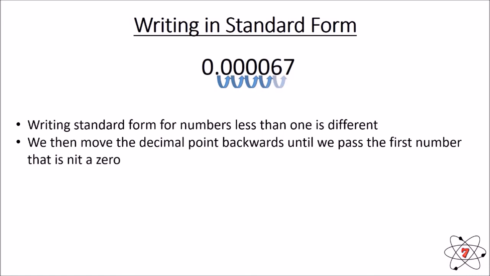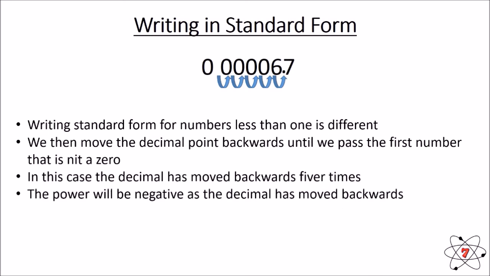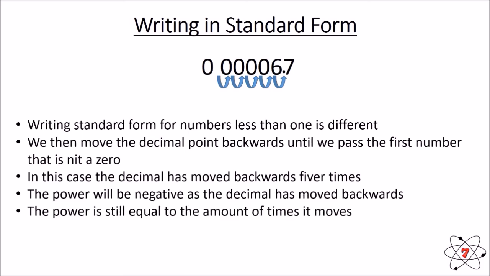So let's see. In this case, how many times has it moved? 5. So we're left with 6.7. So it's moved back 5 times. Now the power is going to be negative because it has moved backwards rather than forwards. But the power is still equal to the amount of times it's moved.